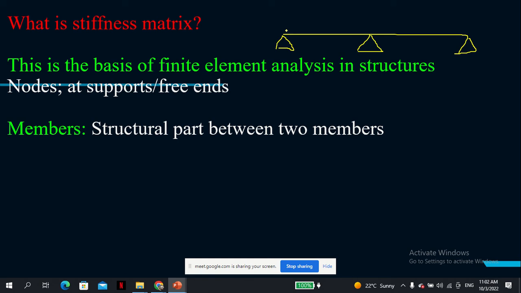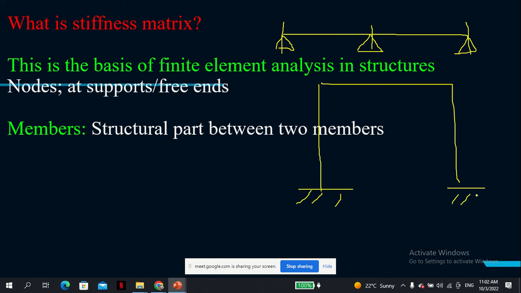So for this beam, this could be a node, this is another node, that's another node. It's convenient to take nodes at the supports. Or, for example, if you have a frame structure, then this is a node, this is a node, this is a node, and that's a node.